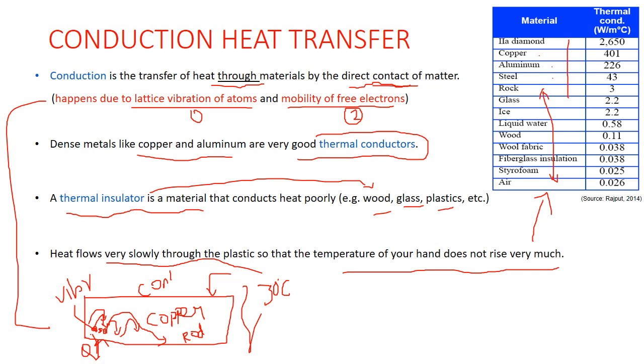This will be more for metals, from steel to diamond, where thermal conductivity is very high. Whereas for rock, glass, wood and other materials, it is very low. That is the meaning of thermal conductivity. It is one of the important parameters in the conduction heat transfer equation that we will see in the next slide.